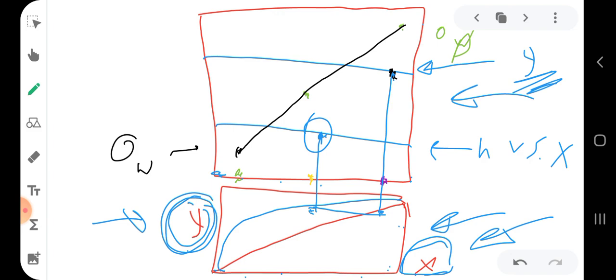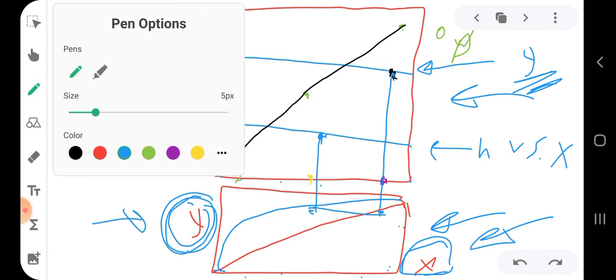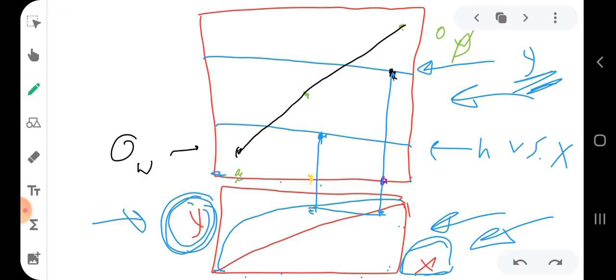Okay, now we have 2 points, first point, second point. We can draw a line between them because you need only 2 points to draw a line, right? So we will draw a line between them. Okay, so this line will represent a tie line.